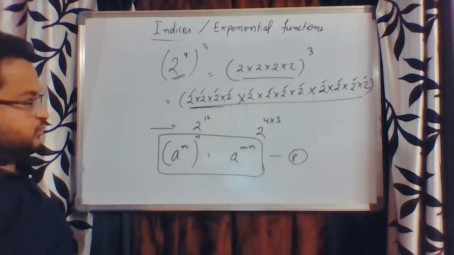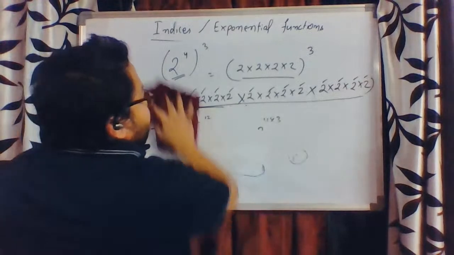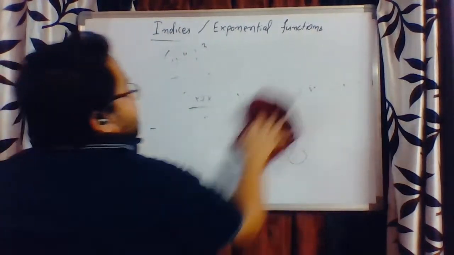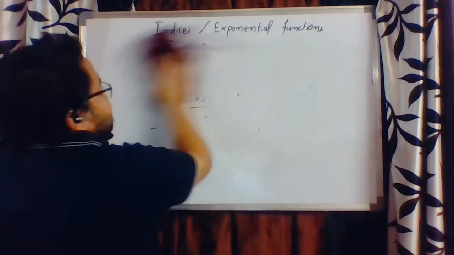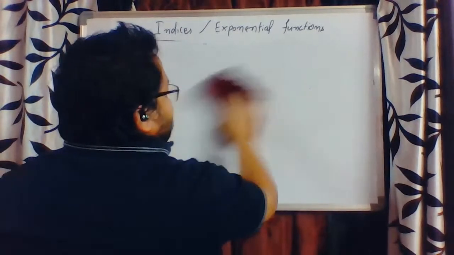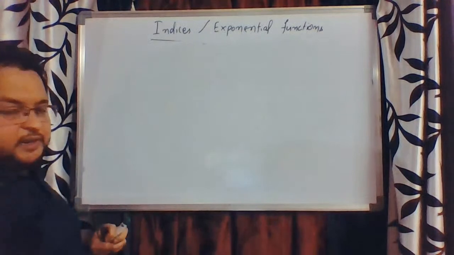Okay, now let us move a little further. We'll understand two more laws, and then we will take a logical pause in today's class. So let us go into the next relationship. Now, this is a little different.